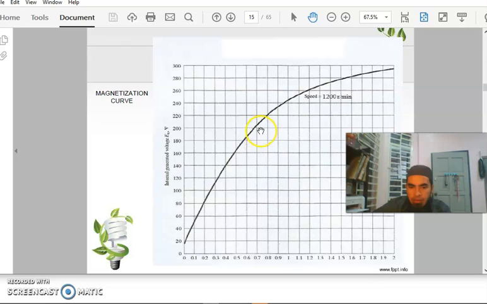So if halfway here is 0.75, so a little bit down. So 200, let's say 210 divided by 2, 205, or 210, at 0.73, 200. Let's say we take it 210.